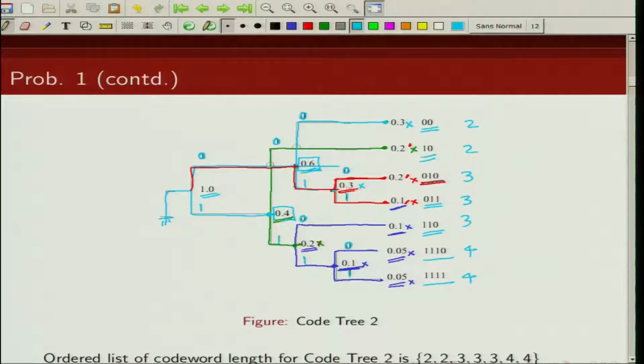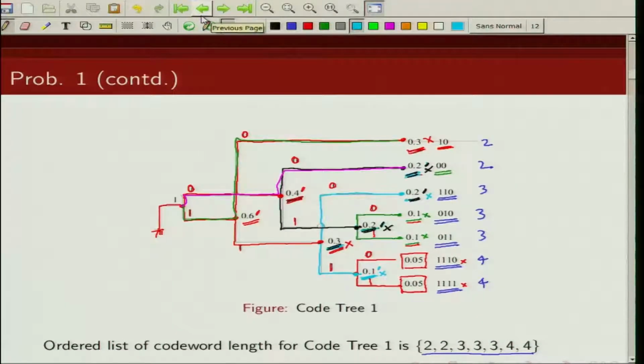So the ordered list of code words: we have two code words of length 2, three code words of length 3, and two code words of length 4. Now if you compare with the previous Huffman code, this also had two code words of length 2, three of length 3, and two of length 4.